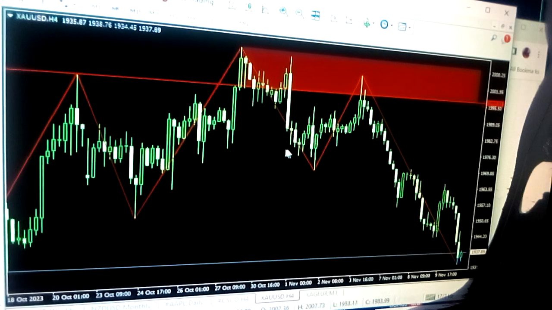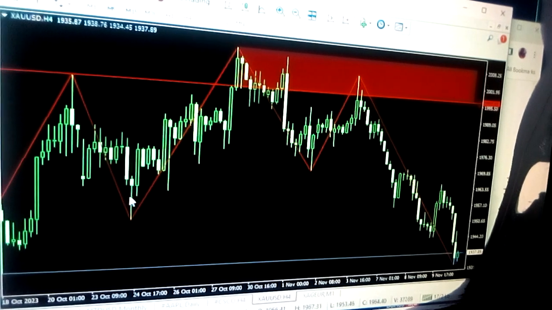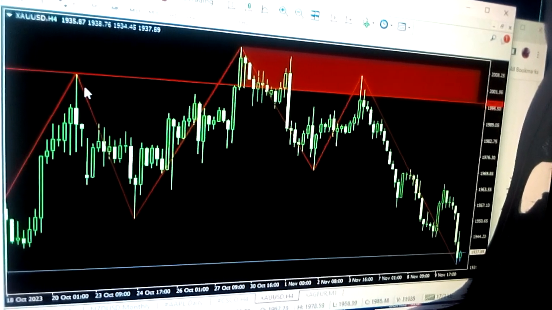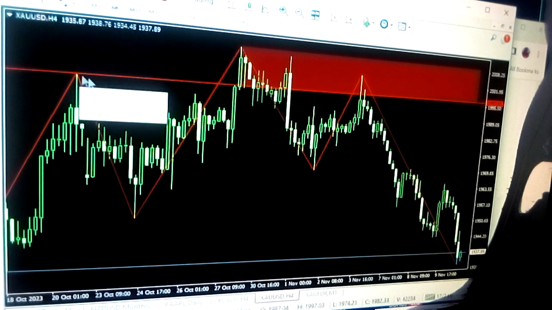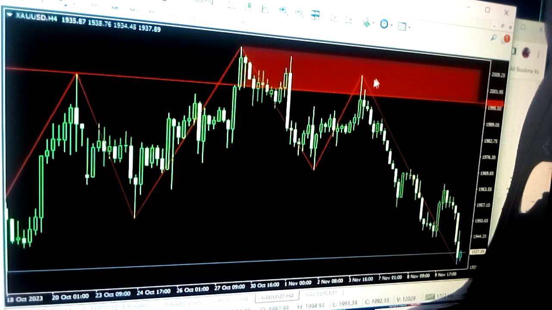If we see the head in the lower side, with a shoulder and another shoulder, this trade goes up. So this is the same scenario here. This is a head, this is a shoulder, this is a shoulder, which means we're going to go down.